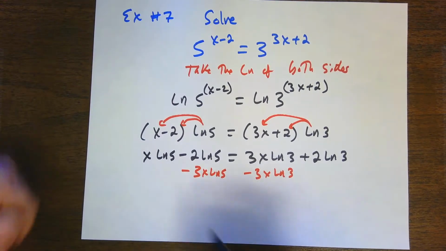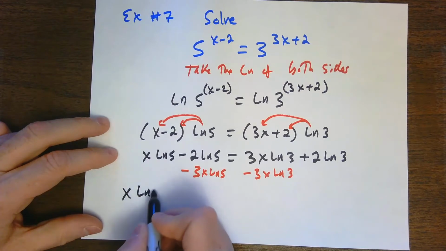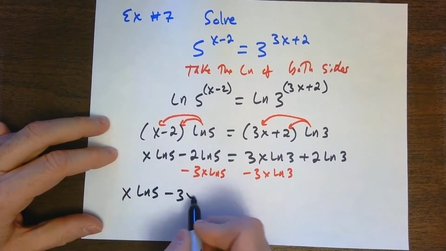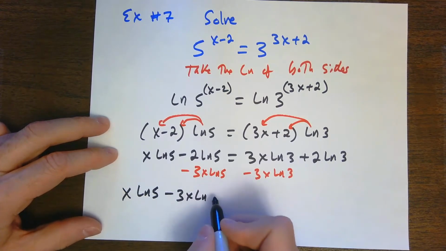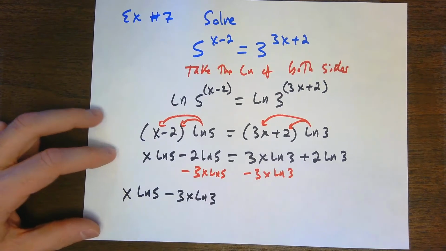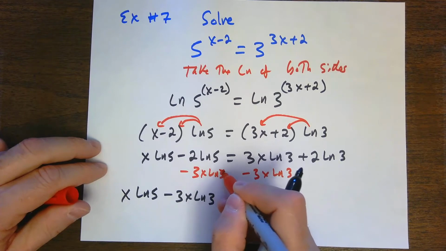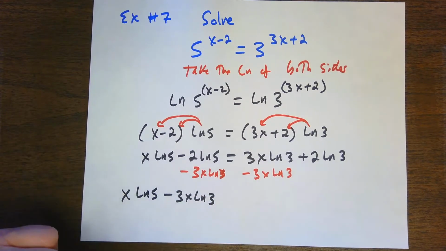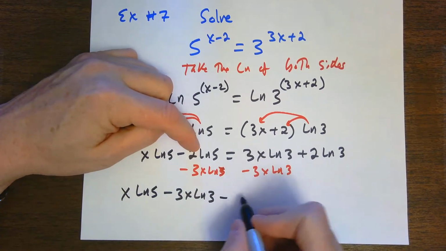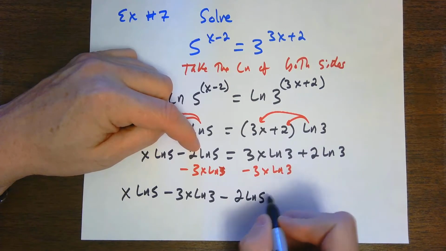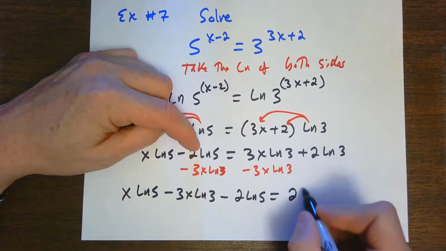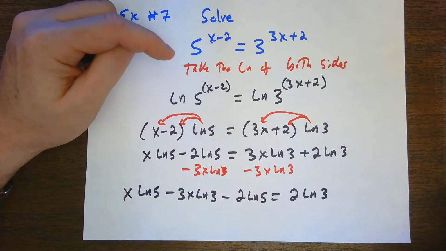And I'm going to get x times the natural log of 5 minus 3x times the natural log of 3. That should be a 3, shouldn't it? I've still got that term over there too. Minus 2 times the natural log of 5 equals 2 times the natural log of 3.